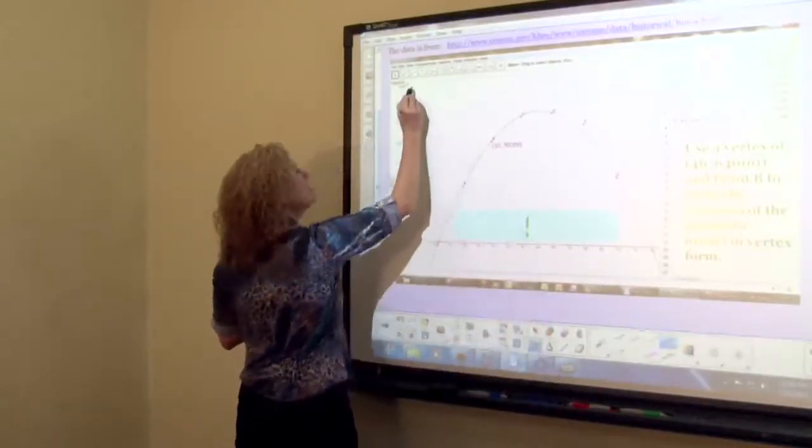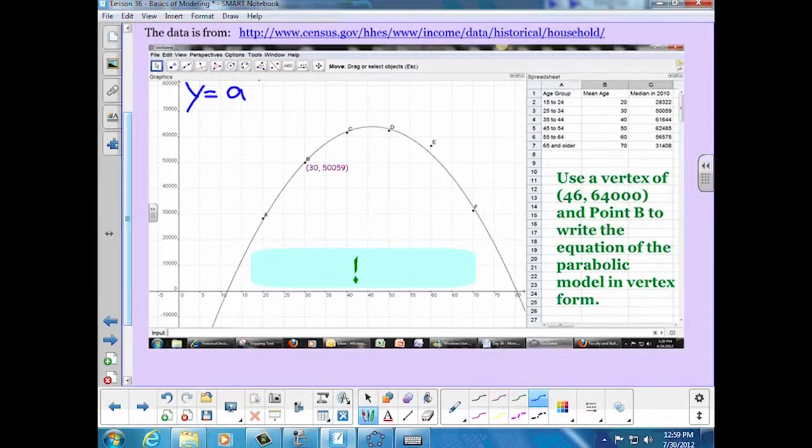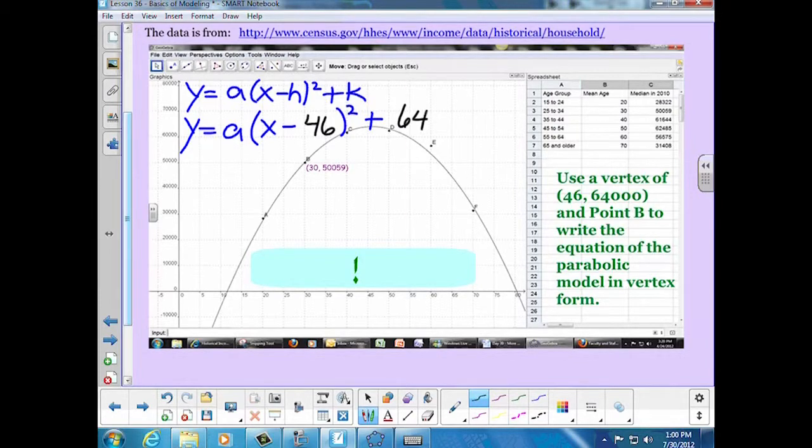So please remember our buddy the vertex form of a parabola, the vertex form of a parabolic equation. In this case, the h and k are the coordinates of the vertex. So I can nicely put those in right now. I'm going to have x minus, the x coordinate is 46, plus, and the y coordinate is 64,000.